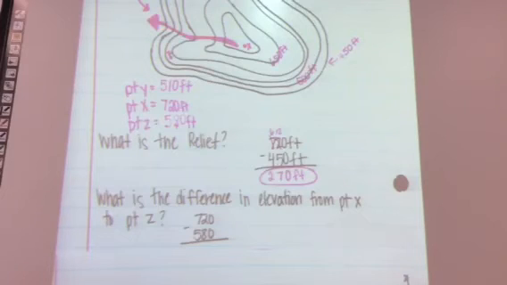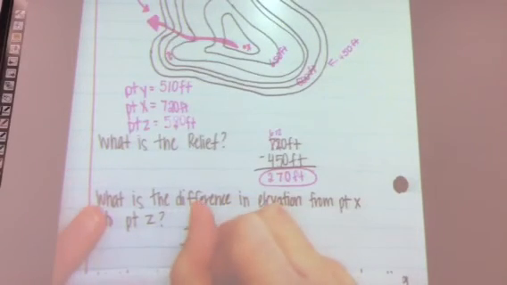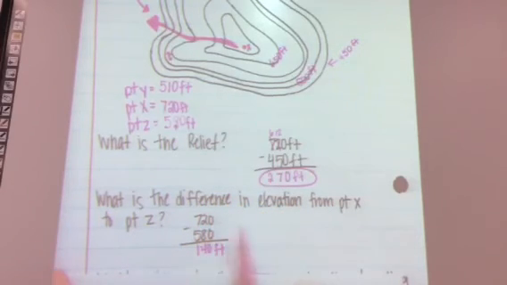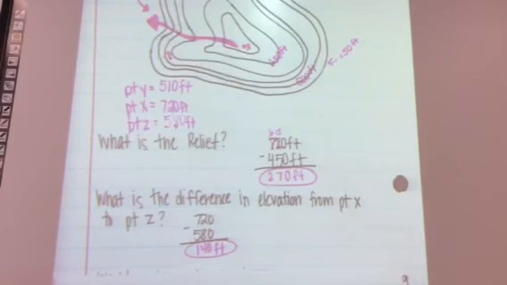And what'd y'all get? 140. Okay. Everybody understanding this so far?